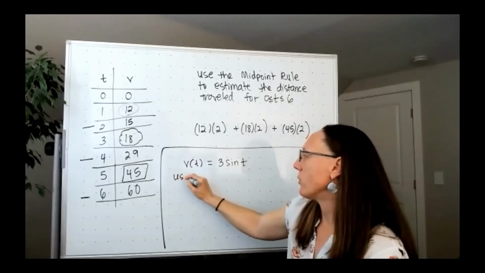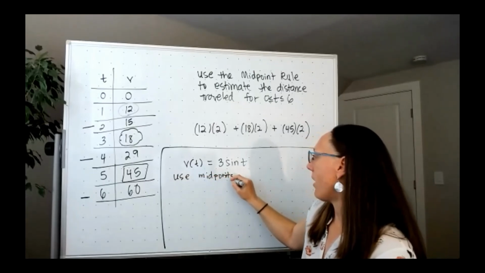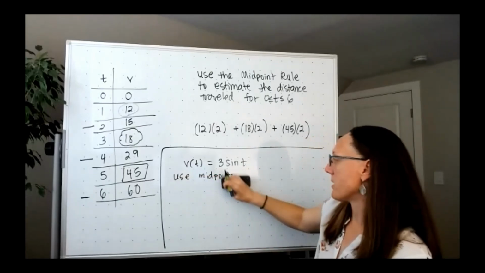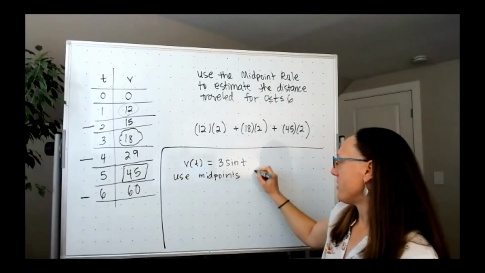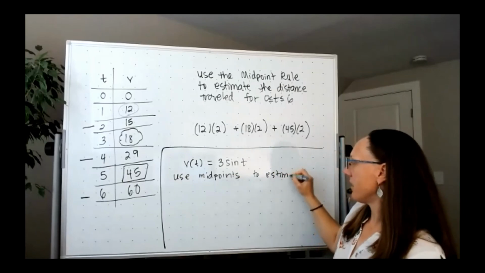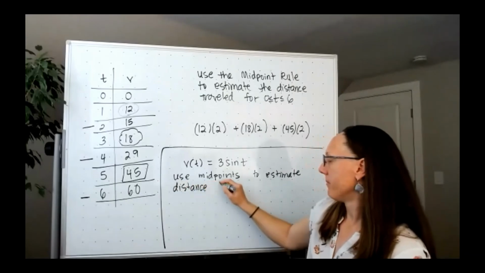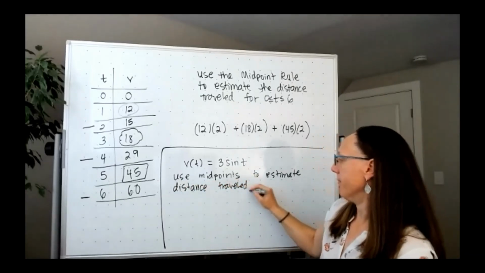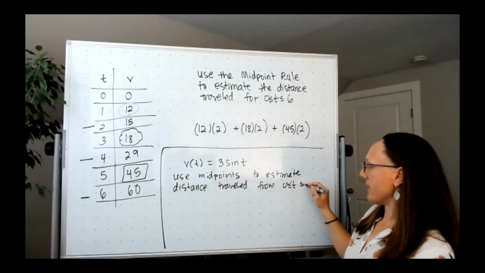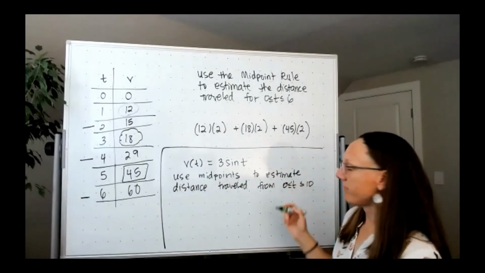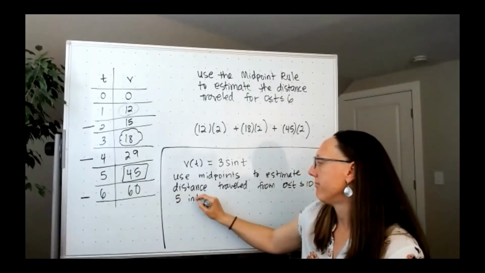And I wanted to use midpoints to estimate distance traveled from t equals 0 to 10 and have 5 intervals.